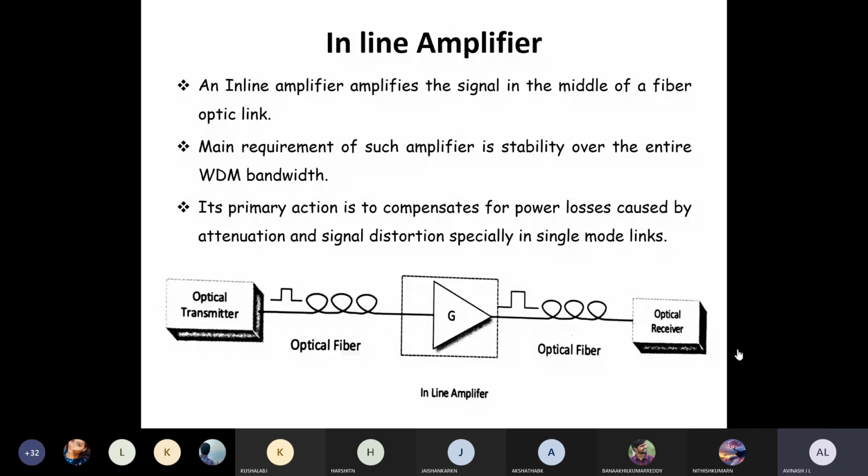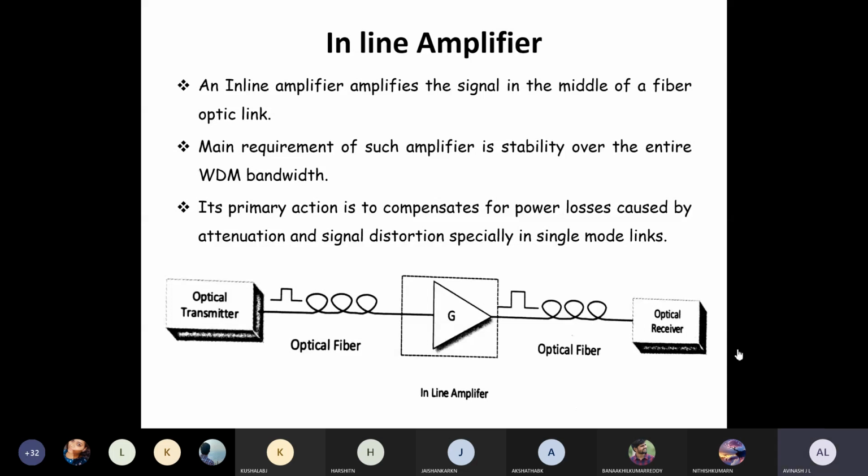They will carry the information, that's all. The optical fiber will definitely exhibit power losses caused by attenuation and signal distortion, so we use that.